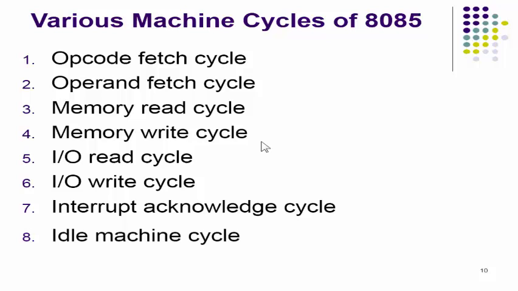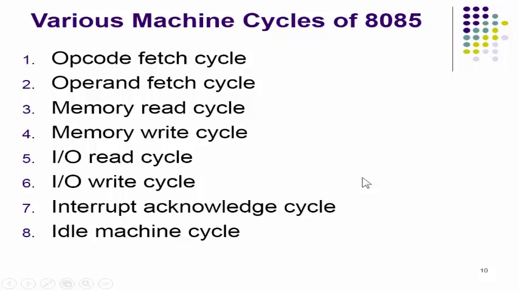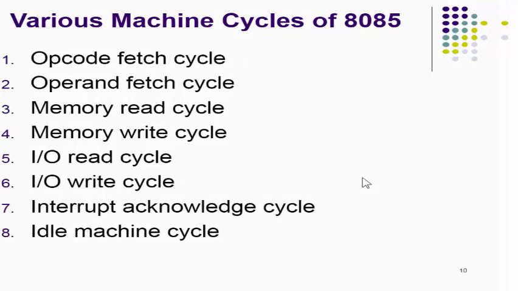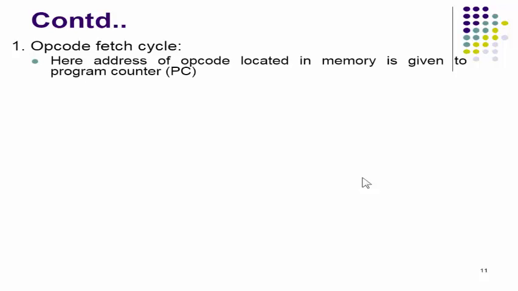This instruction performs a 16-bit addition, and as we know 8085 is an 8-bit microprocessor, so for the 16-bit addition it requires more time for execution. At that time idle machine cycles are internally used by the processor.